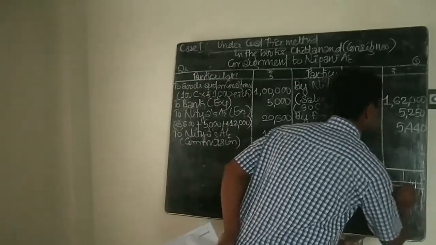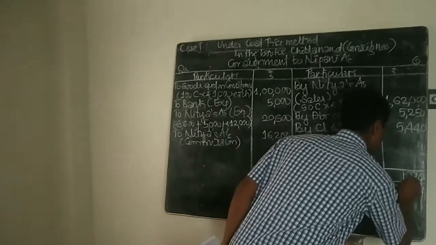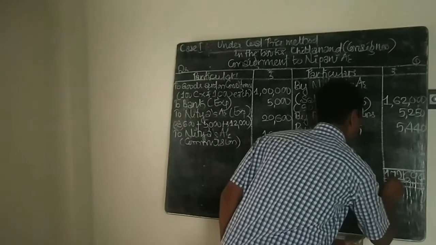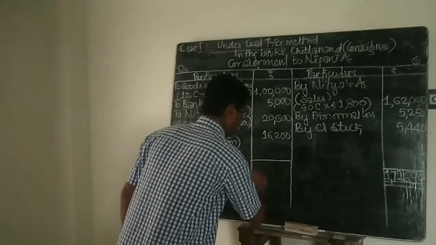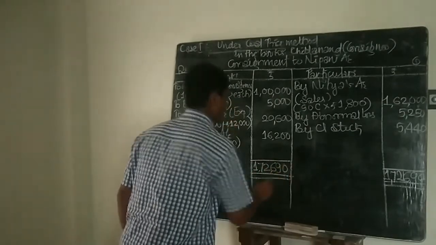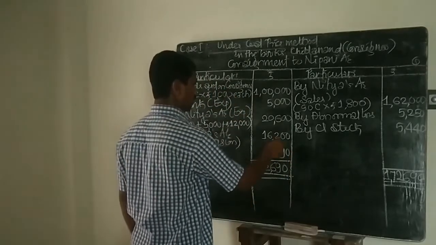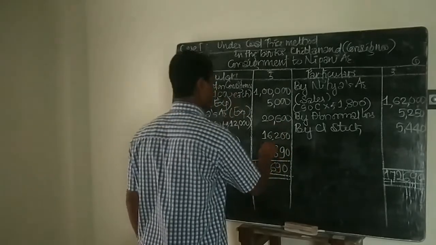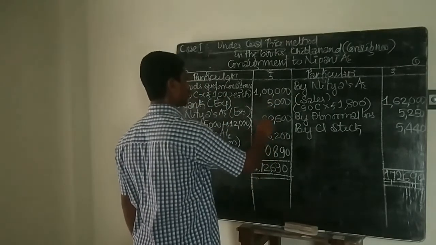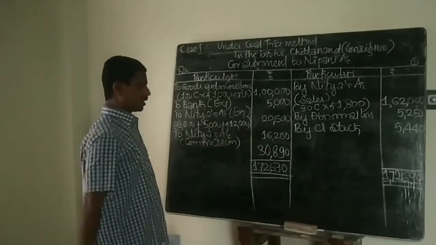Now let's take the total here. It will be 1,72,690. Here also 1,72,690. Now you take the difference here, and it is 30,890.